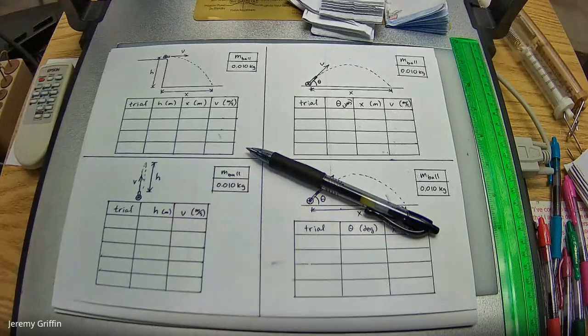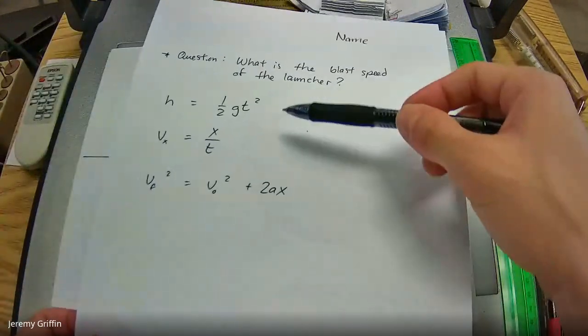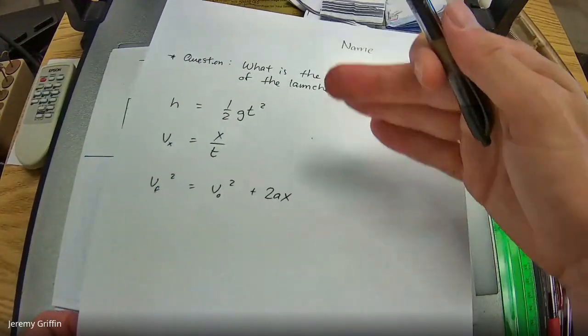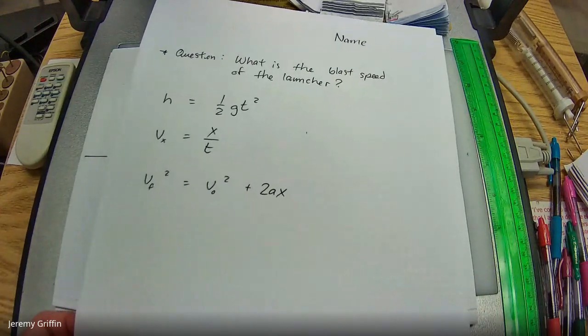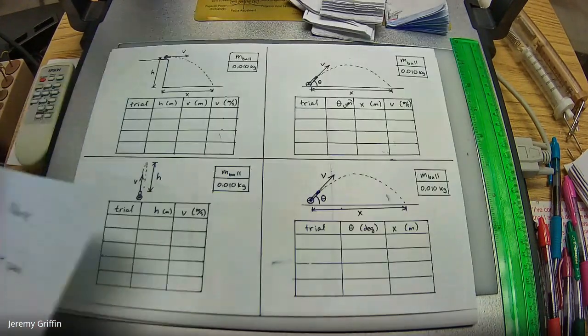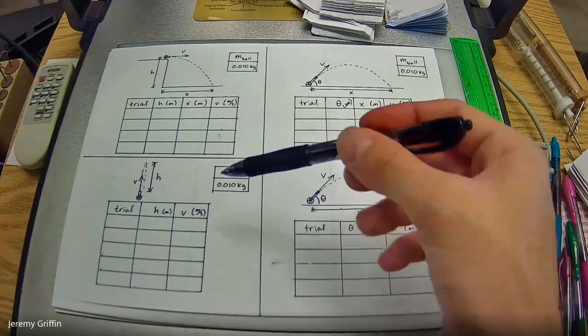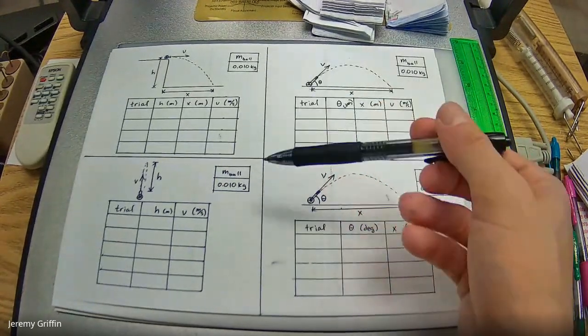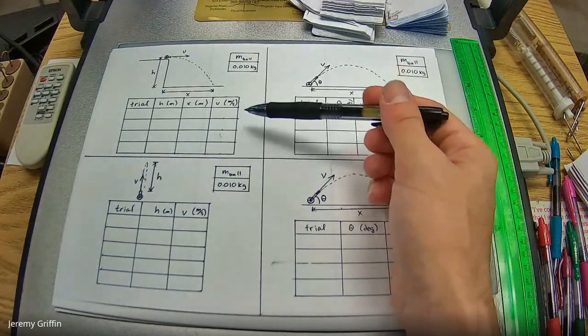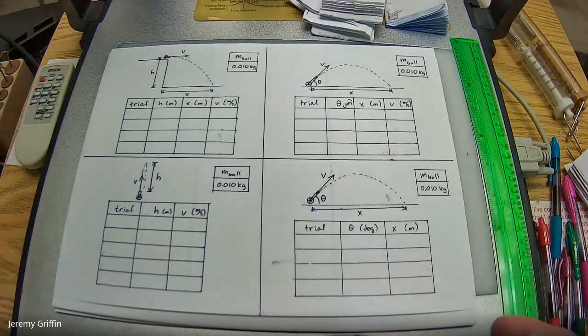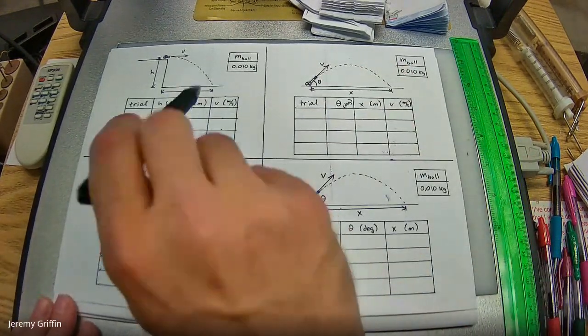This one, you know all the equations. Here are some of them that I wrote for my honors class. I said, hey, these could possibly be useful. Maybe not all of them, but any of them, depending on what your setup is. You're allowed to use the equations. You know gravity is about 10 meters per second squared. So can you utilize that knowledge to figure out something like what is the blast speed or what is the optimal angle for distance?